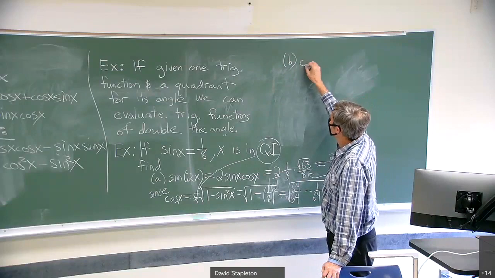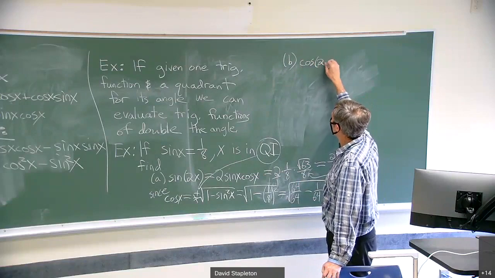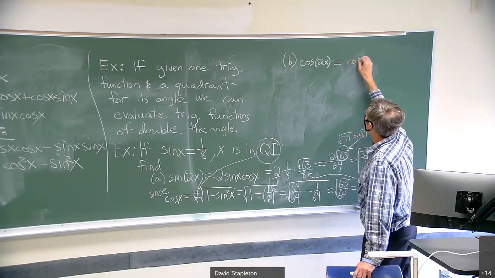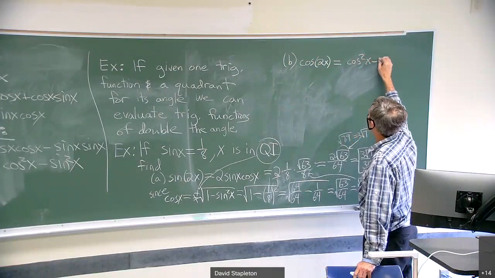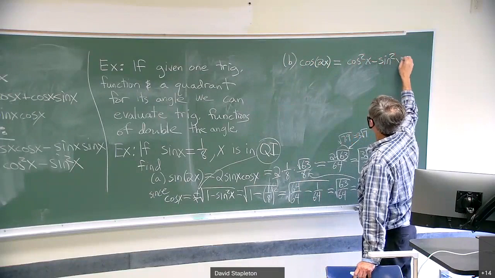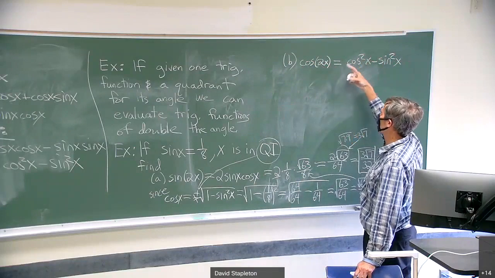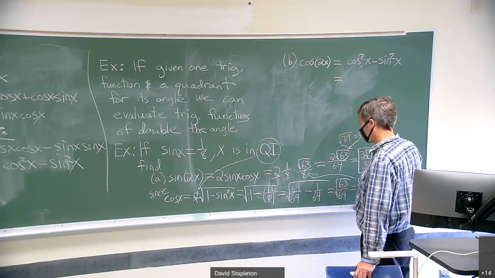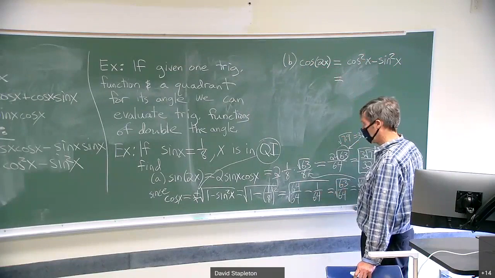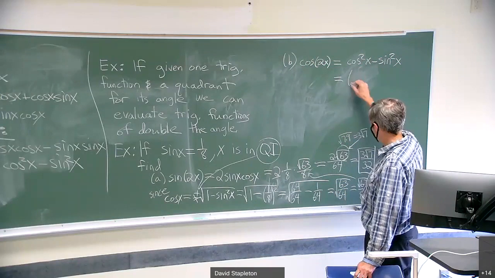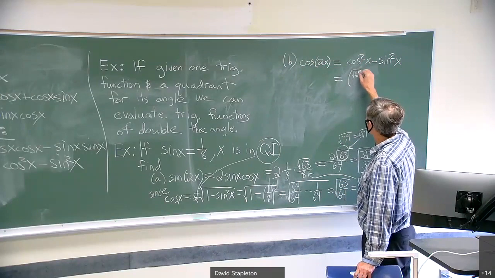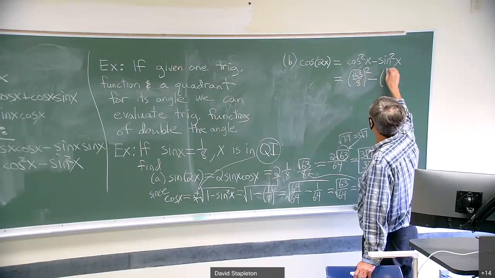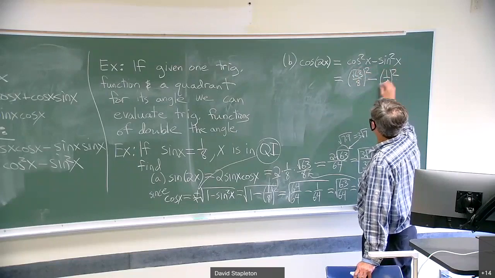what is the cosine of 2x for the same case? Well, we have that identity. It's cosine squared minus sine squared, right? Just immediately see cosine 2x and write this down. Now I computed cosine above: cosine is square root of 63 over 8. Square that, and then sine was given as 1/8, so I square that.